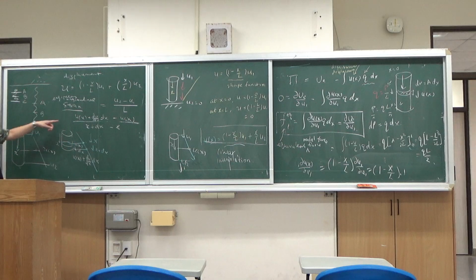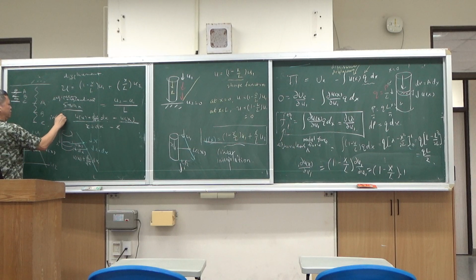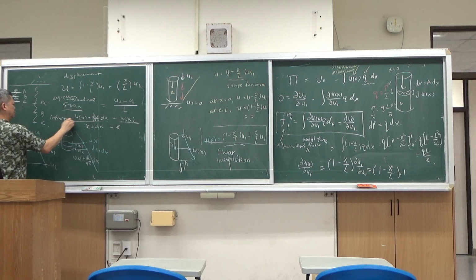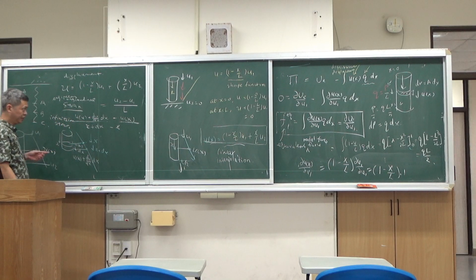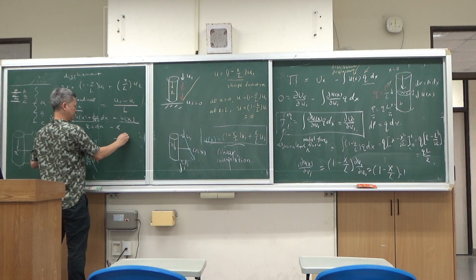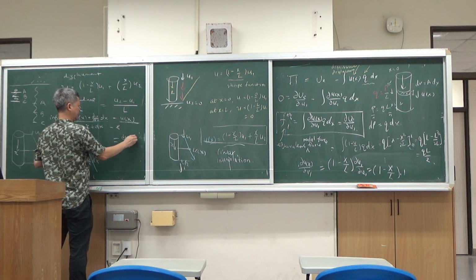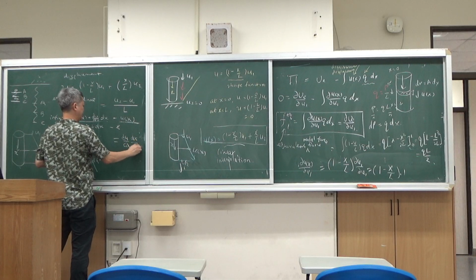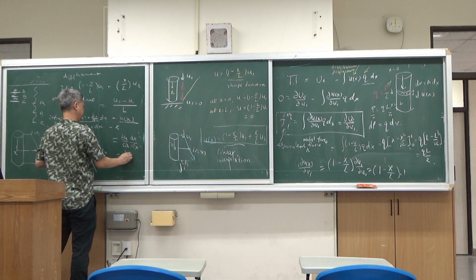Likewise, you then have the infinitesimal strain, the local strain. So in the end, your strain definition is du/dx times dx divided by dx. So then you have du/dx.